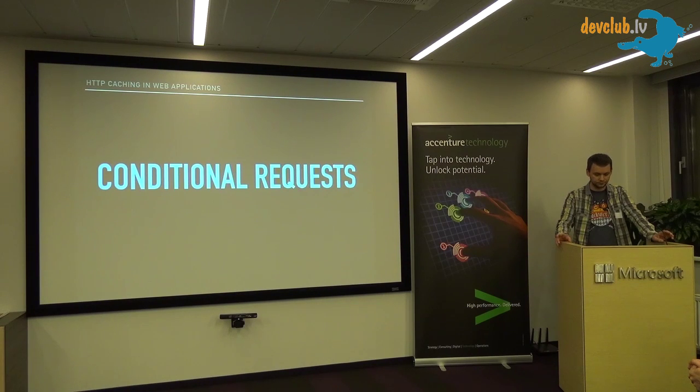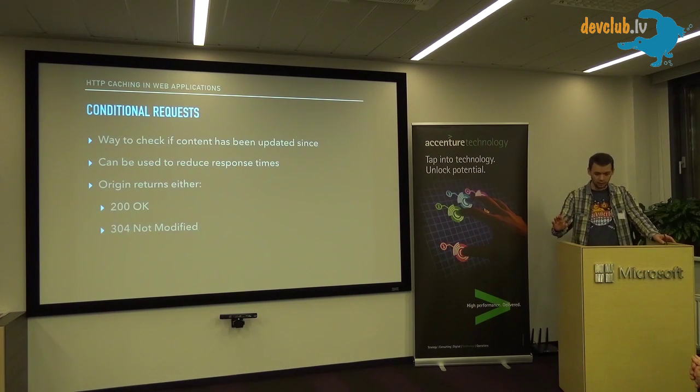But when you start dealing with more dynamic content, it becomes a bit trickier because you have to invalidate caches, you have to check them, and so conditional requests come into play. They're very useful. All in all, conditional requests are a way to check if content has been modified since you last requested it, or in other words, you can use them to invalidate your cache.